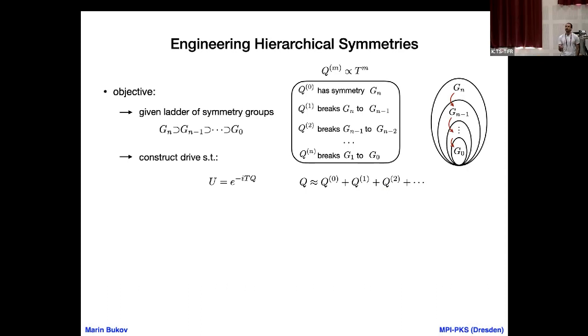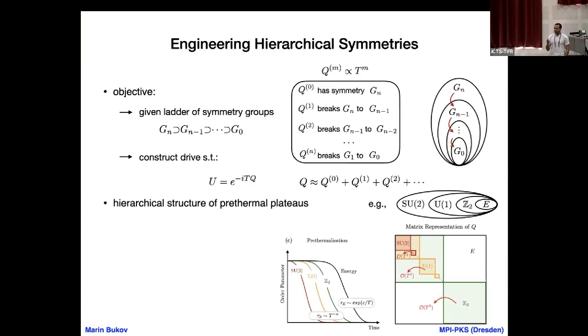The first order Q1 breaks Gn to a subgroup Gn-1, but it obeys Gn-1. Then Q2 would break Gn-1 to Gn-2, etc., and the last order would break G1 essentially to G0. That's what I want to do. An example is that these symmetry groups can be SU2, which in itself contains a U1, which in itself might contain a Z2.